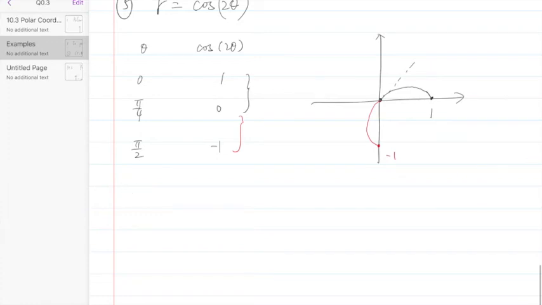Sounds good. Now what I'm going to do is go from pi over 2 to 3 pi over 4. I'm going really quick here. Pause anytime. Then your cosine 2 theta went from -1 to 0 again. Let me use green this time. So your angle is actually between here and here.